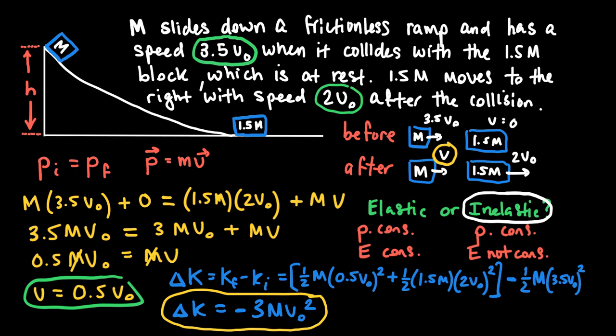It just so happens that sometimes the objects stick together, sometimes they don't. When the two objects do stick together, energy is not conserved, and it turns out that when they stick together, they lose the maximum amount of energy. The most energy is lost when they stick together. So here, even though they don't stick together, energy was lost, which means it's still an inelastic collision.